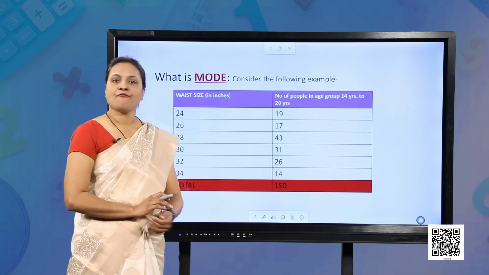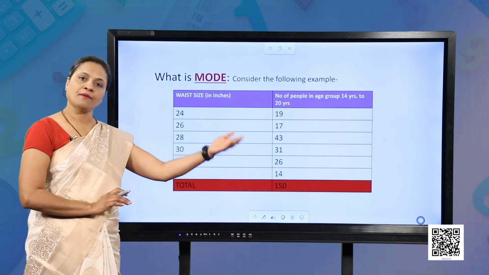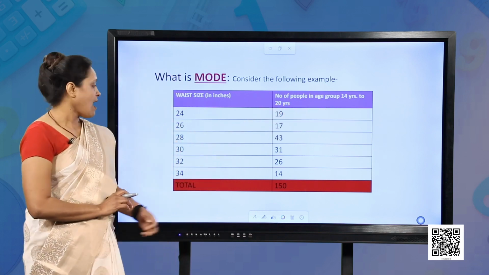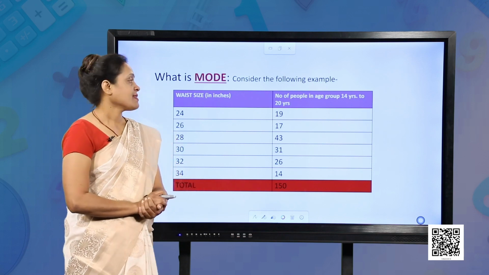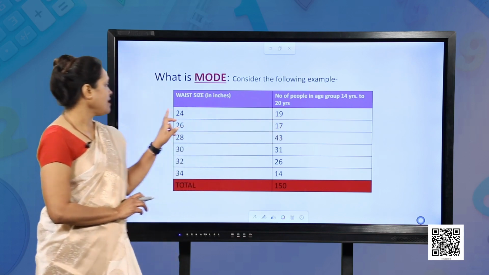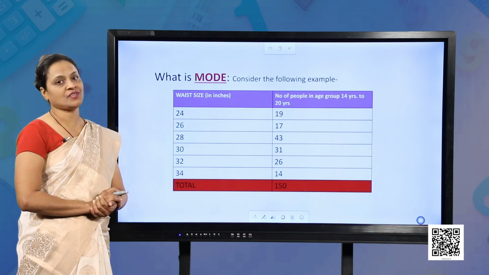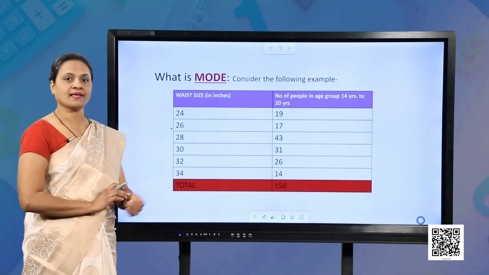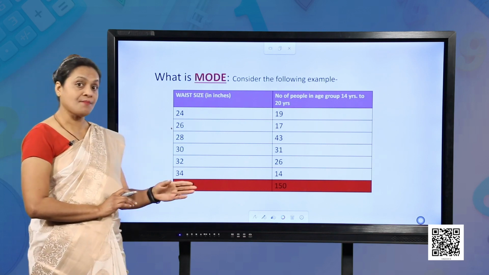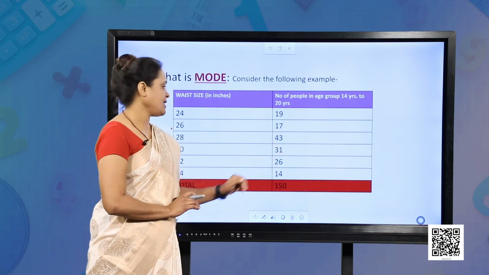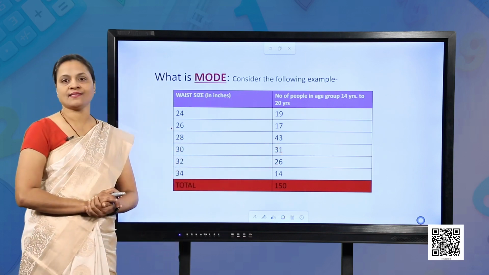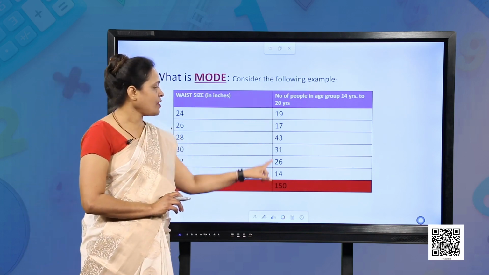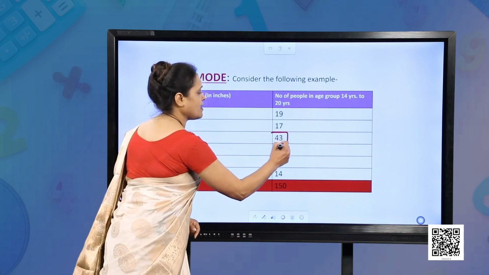They did a survey on 150 people of the same age group. Out of these 150 people, 19 have waist size 24 inches, 17 people had waist size 26 inches, and the maximum number of people, that is 43, had waist size 28 inches. As you can see, this is the maximum frequency, that is 43.